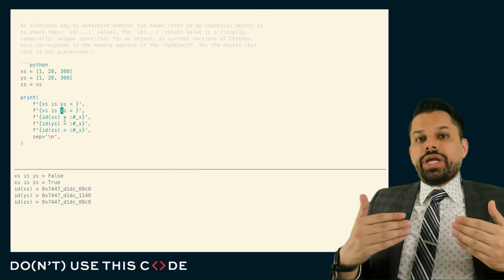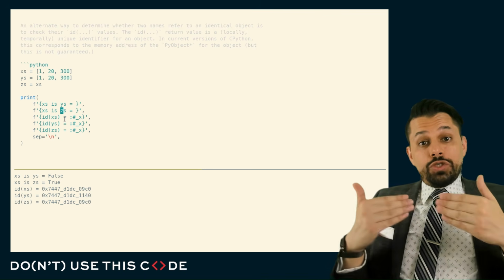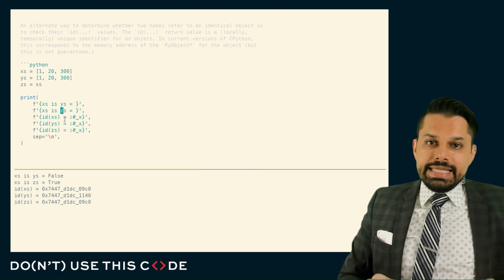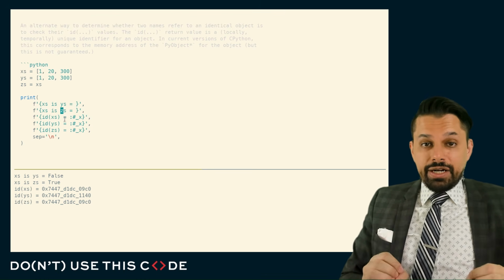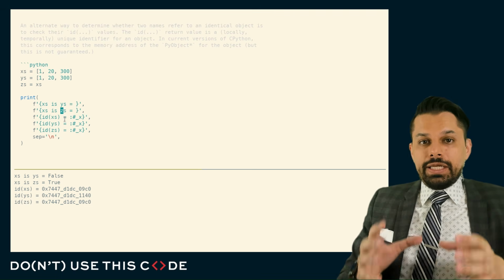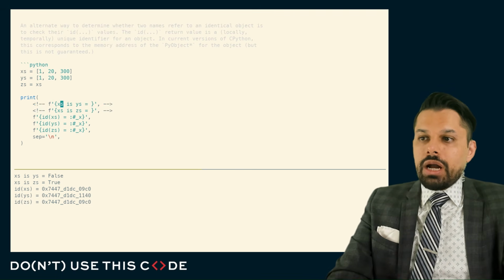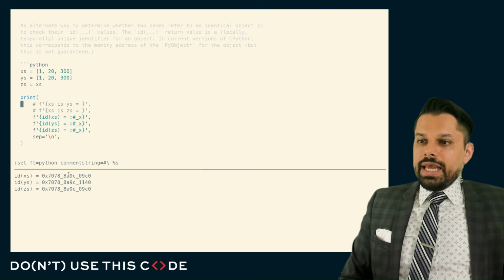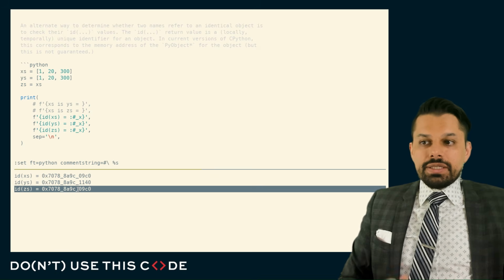Another way that we could identify if two names refer to an identical object is by looking at their ID. The ID in Python gives us the unique identifier for a given object at a given point in time. So if we look at their ID values here, what we'll see is the ID of x's and the ID of z's match.